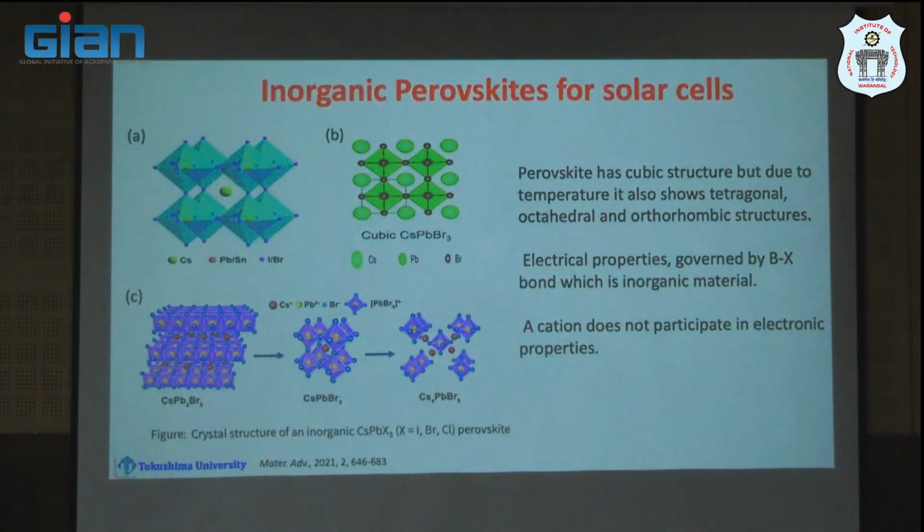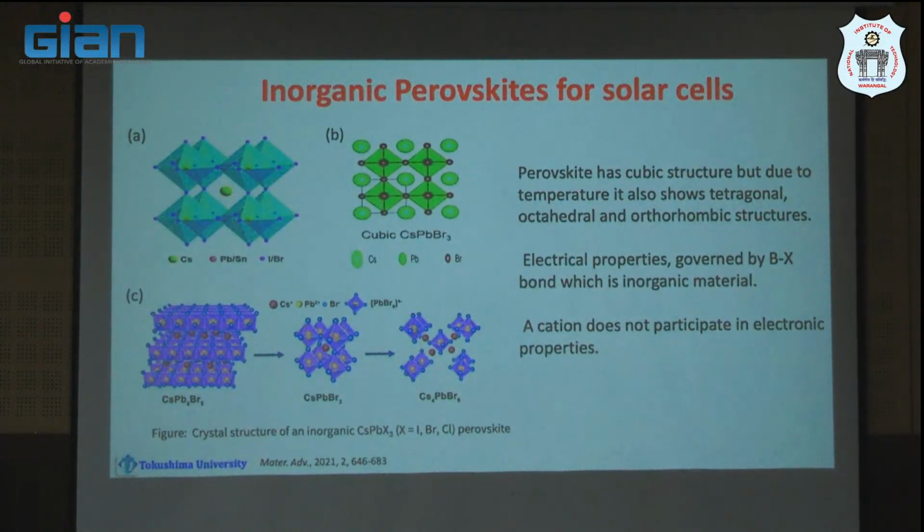What are the possible candidate materials for solar cells? These days researchers are working on perovskite material for solar cells. Perovskite is basically a cubic material. So perovskite means such a kind of combination, okay? CsPbBr3.